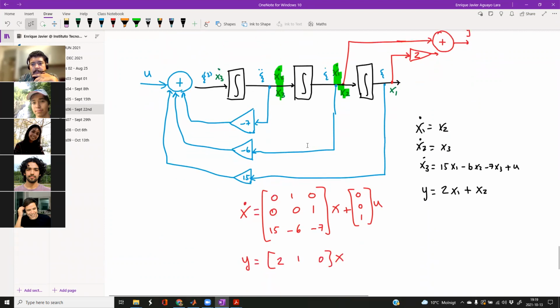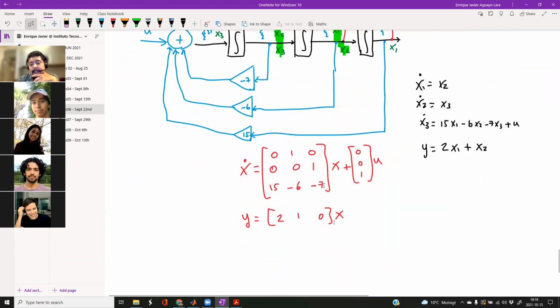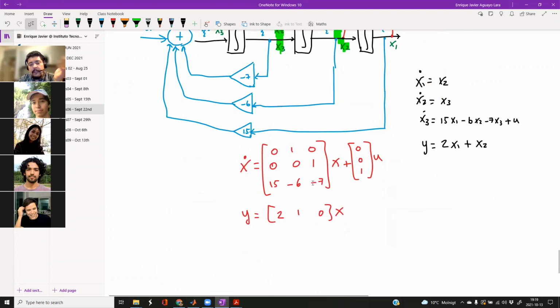So as you can see, basically having a matrix differential equation is having several differential equations in parallel, where we have the derivatives of the state variables in terms of the state variables and the input. So this is what we're representing here, okay?